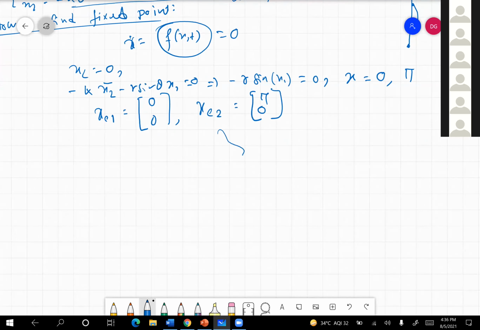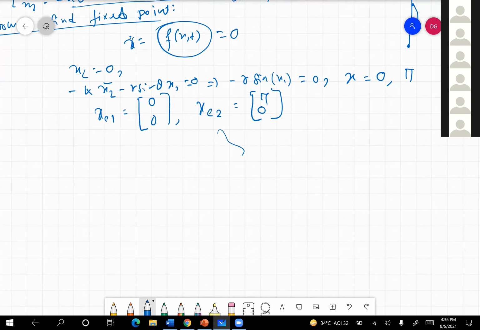But the system we considered before is a nonlinear system because of this sine term. Now there is no sine x term, since it is linearized about some point. So how to do that? Here A is our Jacobian matrix, linearized about one of the equilibrium points.